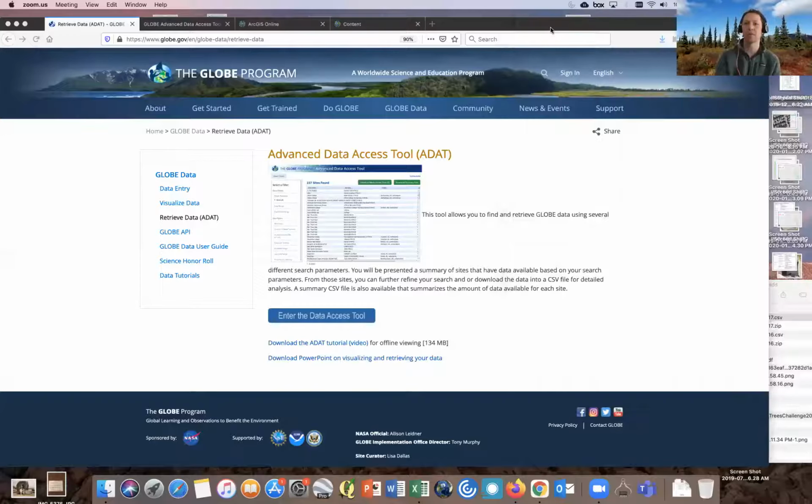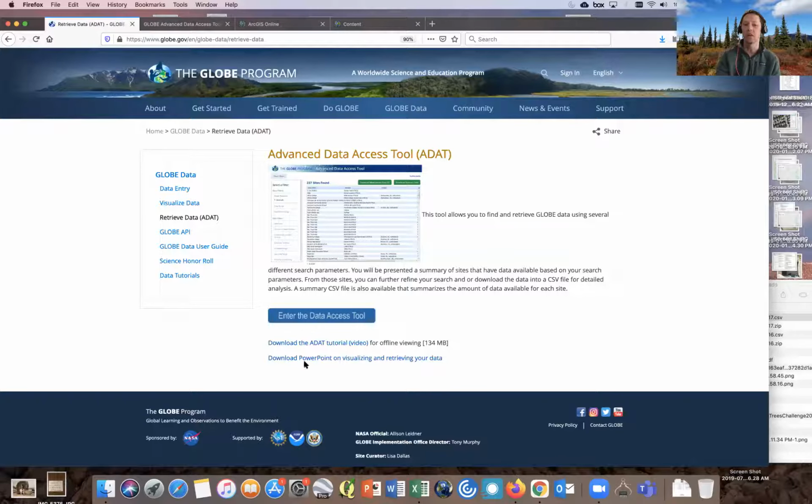And so I'm going to be demonstrating how to do this, taking us into the ArcGIS program, to build off of the idea of creating a story map from this. So we're going to hop over here, and hopefully you all know how to work with the ADAT system here in GLOBE.